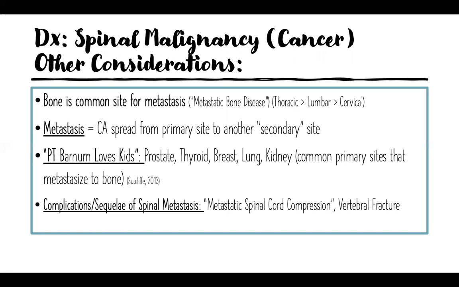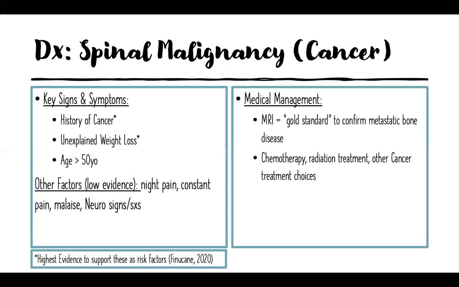Vertebral fracture is also another sequela or possible complication. An anterior wedge fracture is oftentimes common with spinal cancer. So we want to be thinking about history of these different types of primary cancers as we're screening the spine, and then what are some possible indications based on the pathology.